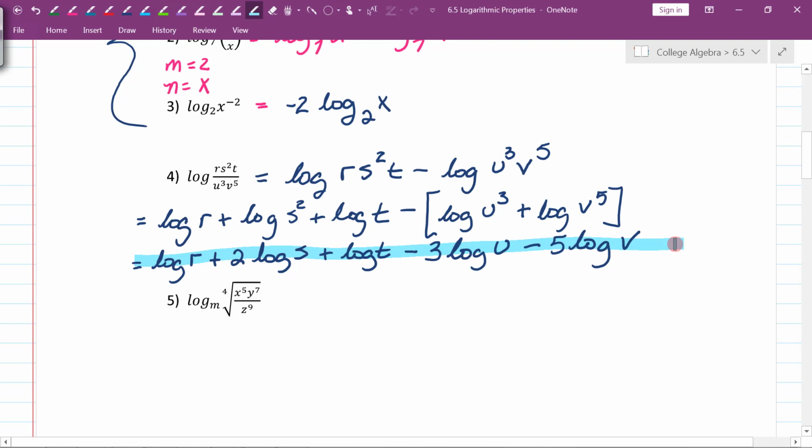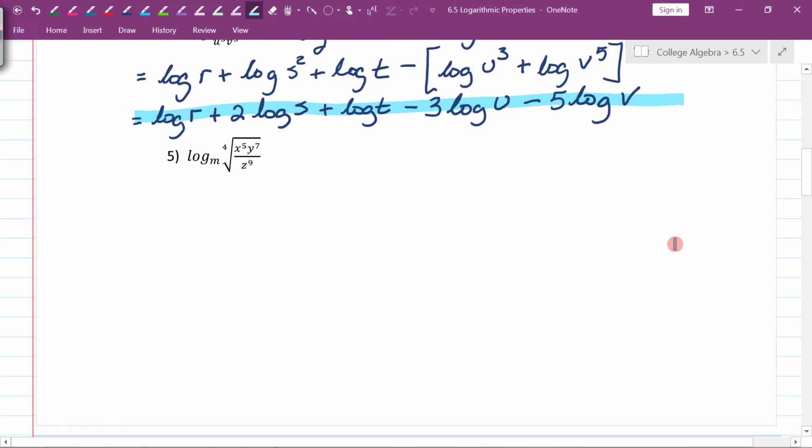Alrighty, let's look at number 5 here. Number 5, I have log base M, 4th root, x to the 5th, y to the 7th, divided by z to the 9th. So let's rewrite that as this.